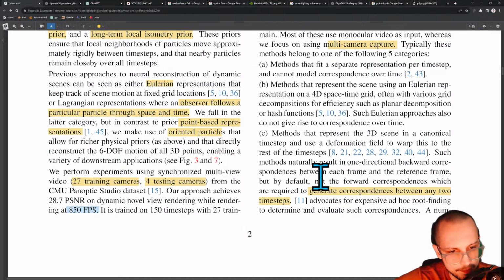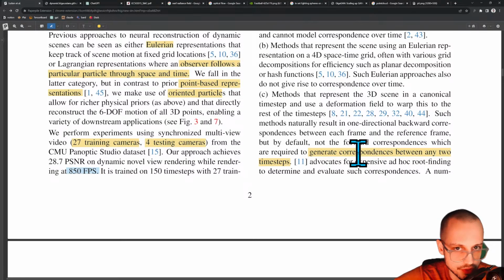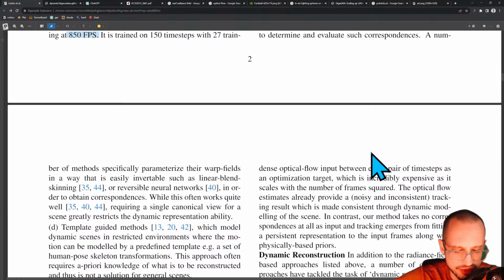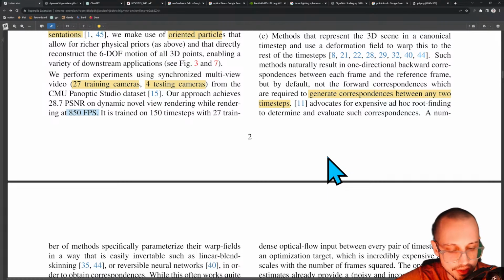So managing and adding these regularizations to have the right correspondences between local things in time, so frames that are right next to each other, and then more global things in time, so frames that are further apart, it's still pretty difficult, and there doesn't really seem to be an accepted way to do it. And every single paper that I've read, it just kind of feels like a bag of hacks, so we're not quite there yet.